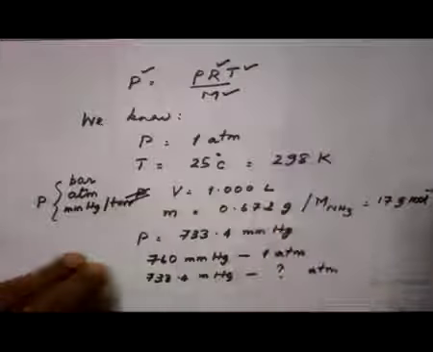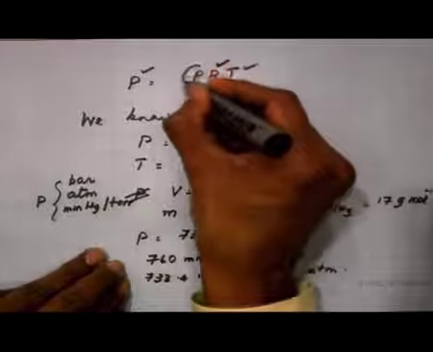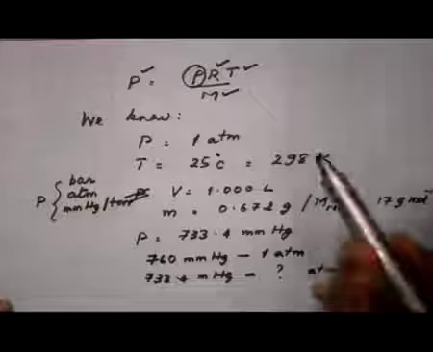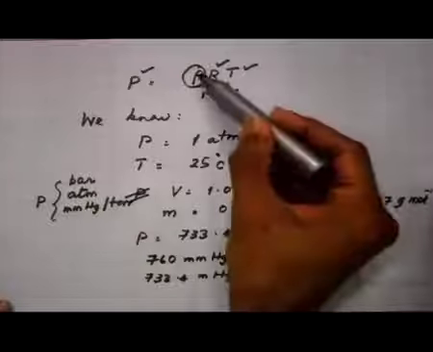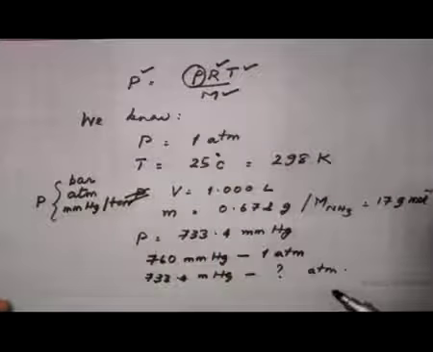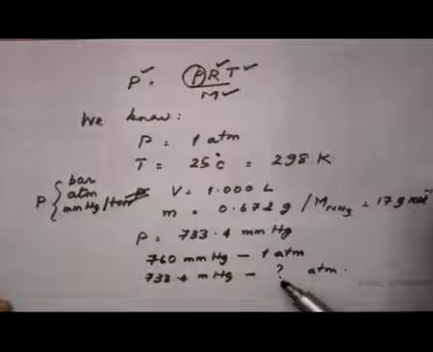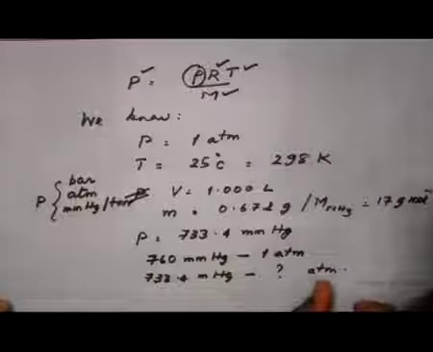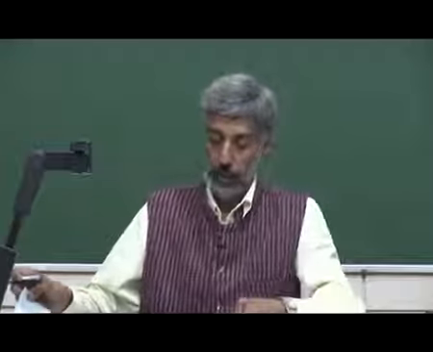So, once we have this, you can straightforwardly determine what rho is. If you wish, once you have the rho at 298 Kelvin, you can determine the rho at 273 Kelvin and 1 atm pressure. Okay, let us move on.